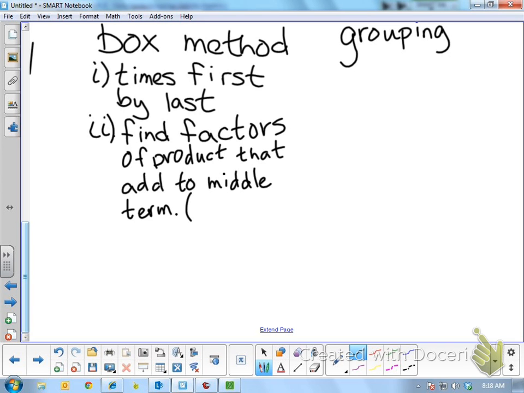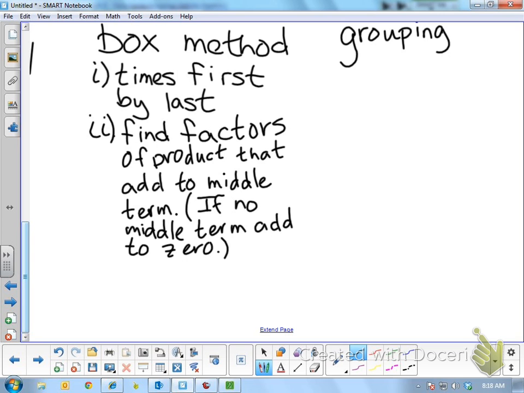That's when we have 2 terms. So if there is no middle term, we use 0. They still multiply to the same product, but they add to be 0.